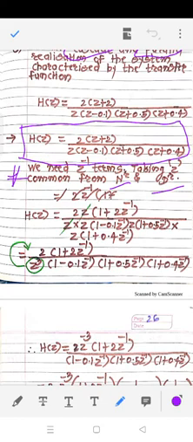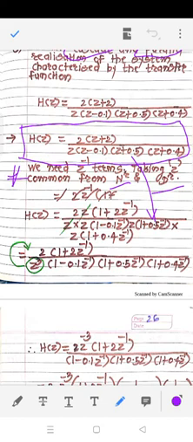So z minus 1 z minus 0.1 will become 1 minus 0.1 z inverse. Then z plus 0.5, if you take z common, then it will become 1 plus 0.5 z inverse. Z plus 0.4 will become 1 plus 0.4 z inverse.